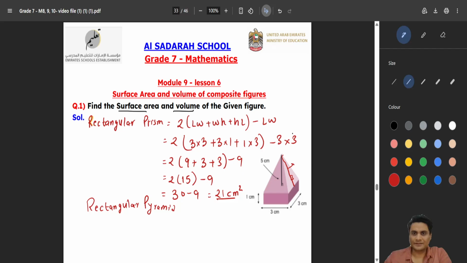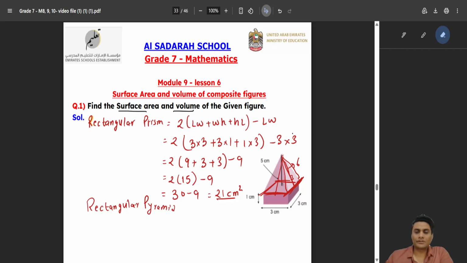Let's say the slant height here is 6. Okay. So what will you do? You just have to find the area of the four triangles here. Now all the four triangles are similar. Why? Because the bases of all the four triangles are 3, 3, 3, 3, and the height will also be same, 6 here, 6 here, at the back also 6.